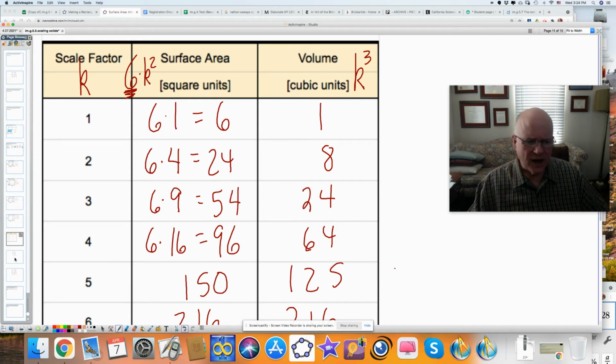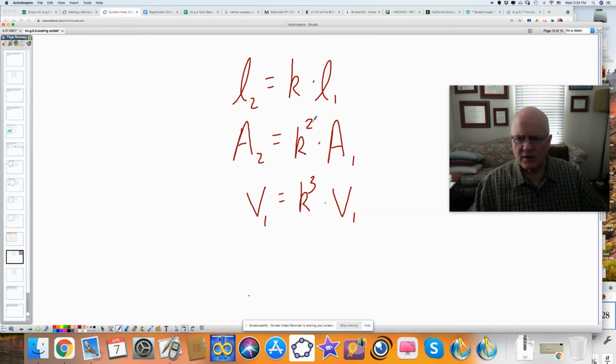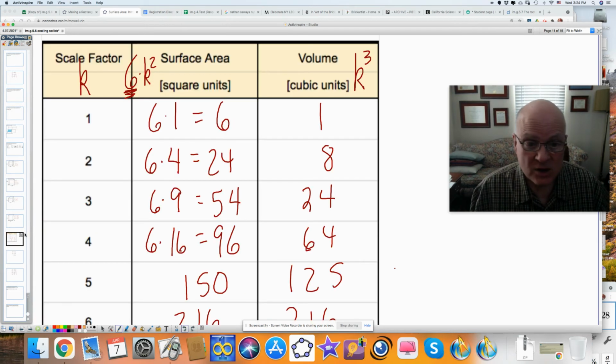I thought you said it was going to be the area times k squared. Well, it is. It's just that my starting area isn't 1. My starting area is 6. I had 6 faces to that 1 by 1 square. So 6 is my starting area. If I had started with something other than 1 here, it'd be some factor times k cubed. This doesn't have a factor because my starting volume is 1.